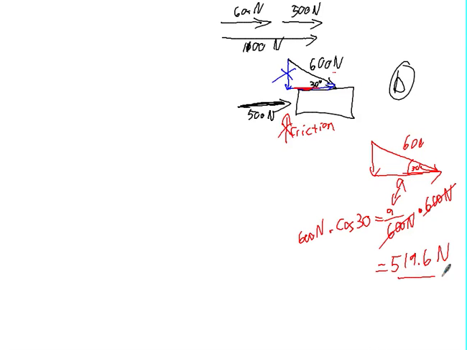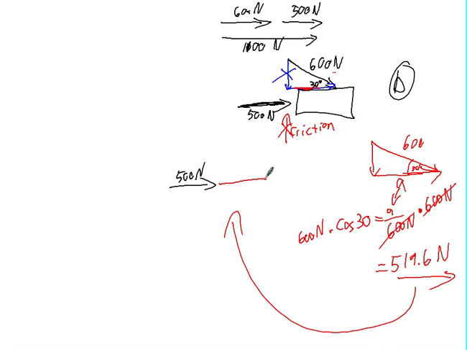All right, so we have Jill's forward force right here, 500 newtons, and now Jack's force up here, 519.6 newtons. They can be added together to make a total of 1,019.6 newtons.